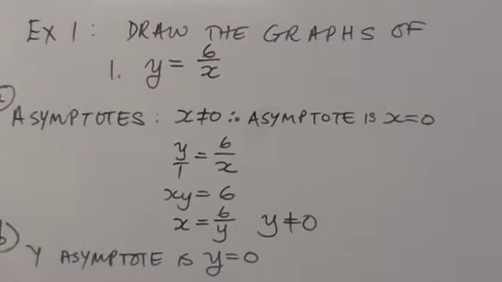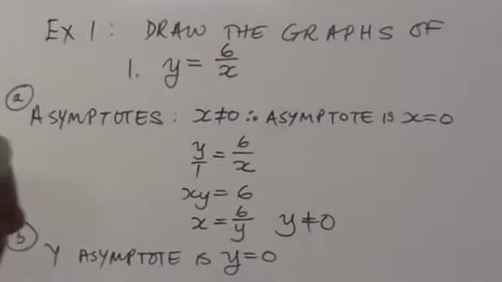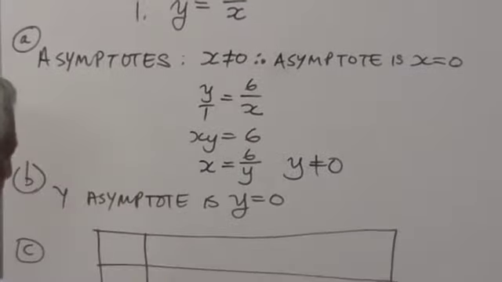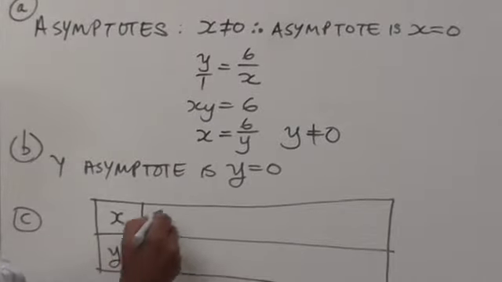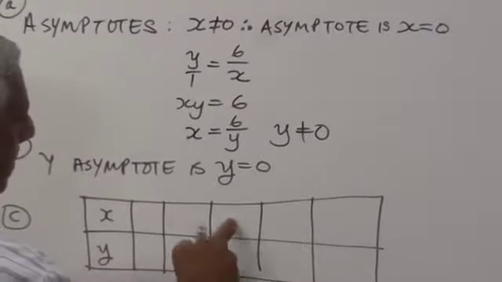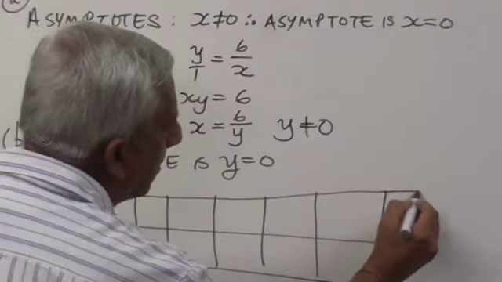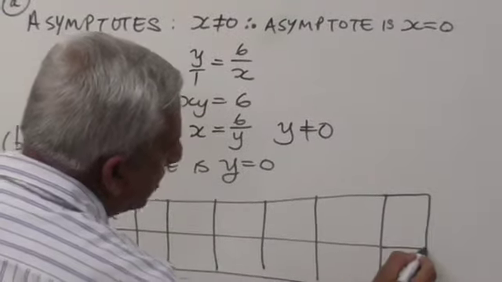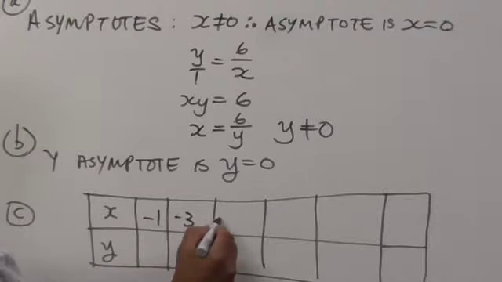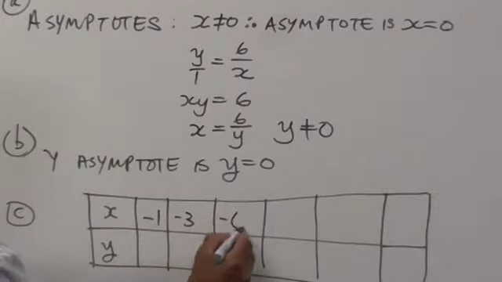Now we want to find the ordered pairs. I'm not going to do all the working with the ordered pairs, I'm just going to write the answers down, because by now you should be right. So what did you do? It is 6. Suppose you chose -1, -3, -6.